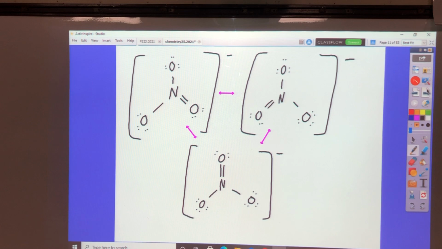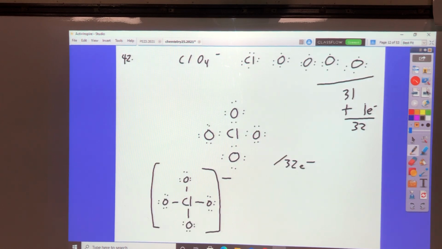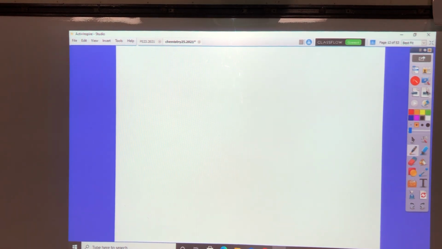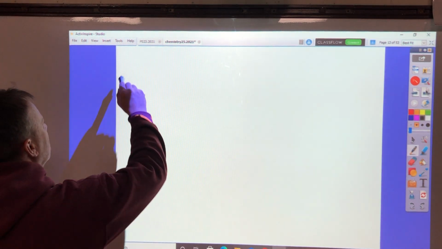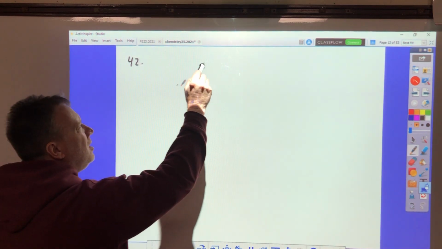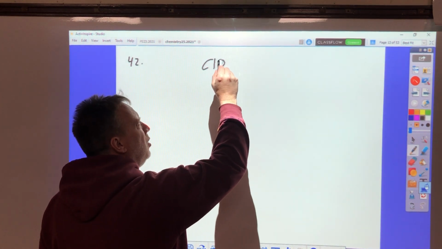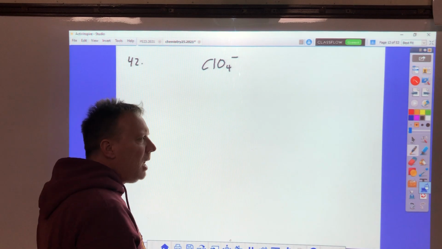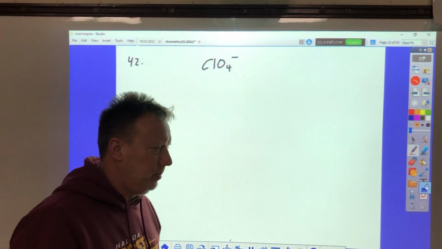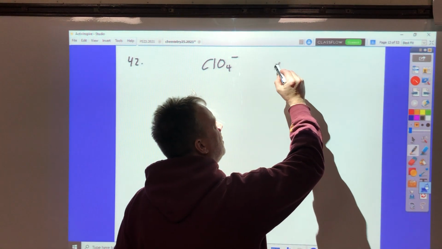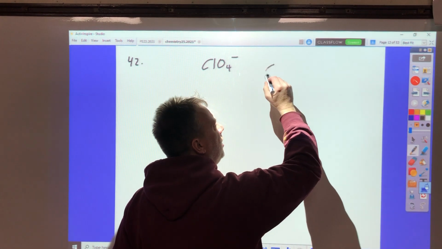Okay, let's go to another example. Next example is this ion. You should know this ion. ClO4 minus. What's that guy? What's its name? Well, I got chlorine over there with one.